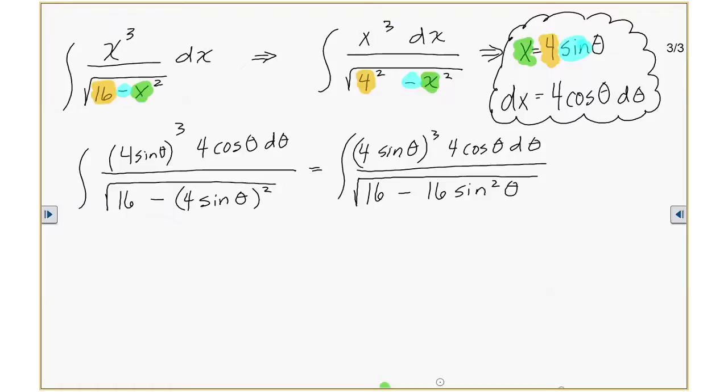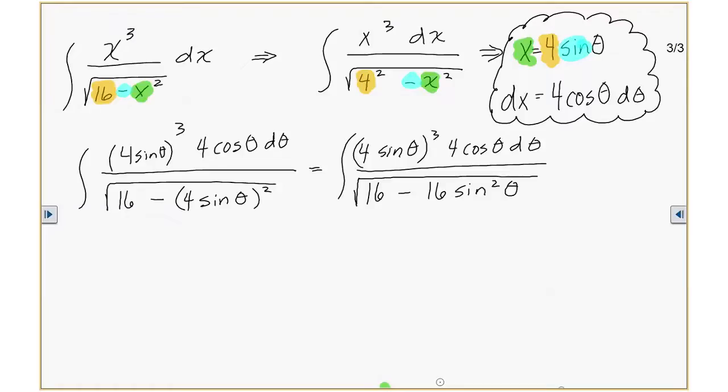Okay, now some of y'all should see something in that bottom now. Anybody see it? Yep. Pull the 16 out. Do that.